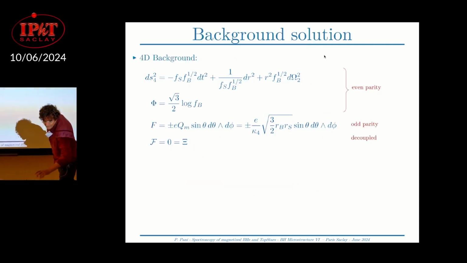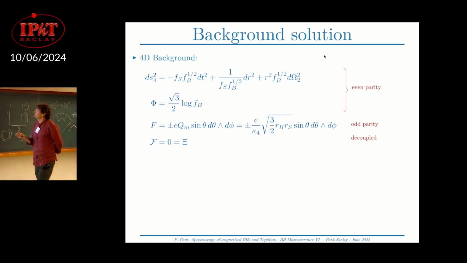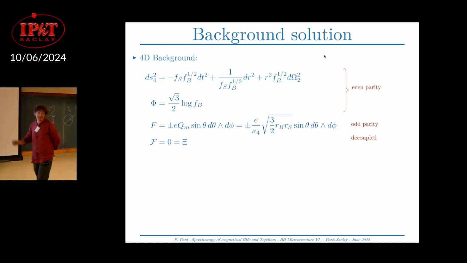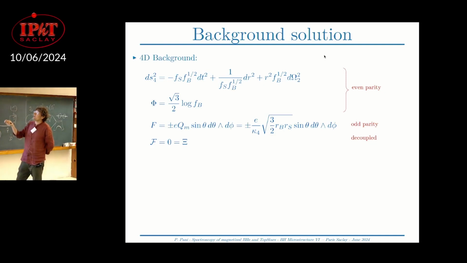In terms of the 4D theory, the background solution has this form, which is more familiar to those who work in 4-dimensional GR. So it's a solution that is actually singular. These Fs and Fb are basically 1 minus Rs divided by R, and the same for Fb, 1 minus Rb divided by R. So they are 0 at R equal to Rs and R equal to Rb.